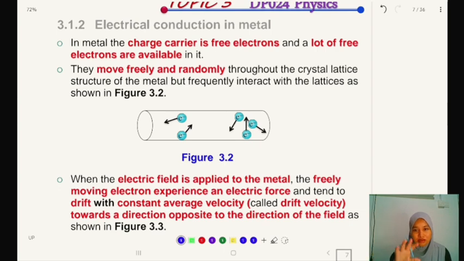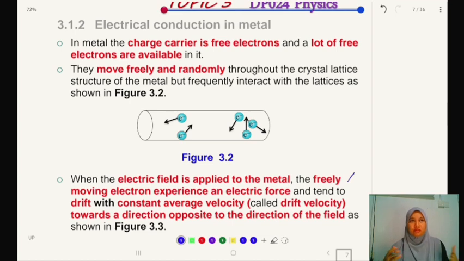The crystal lattice is the arrangement in the metal, like the atoms. When an electric field is applied to the metal, the freely moving electrons experience an electric force and tend to drift with constant average velocity called drift velocity.